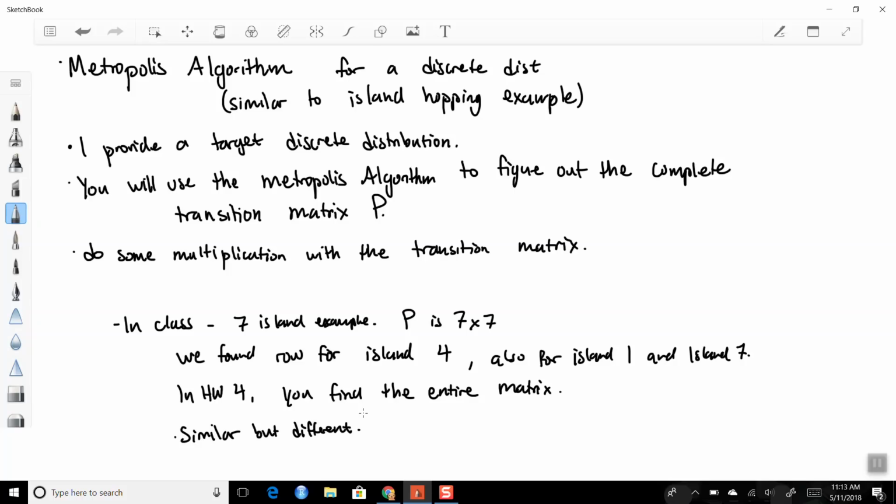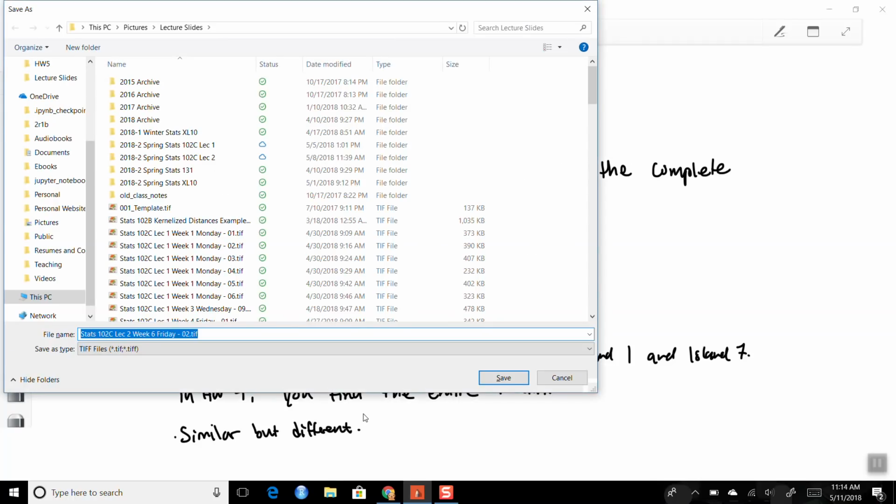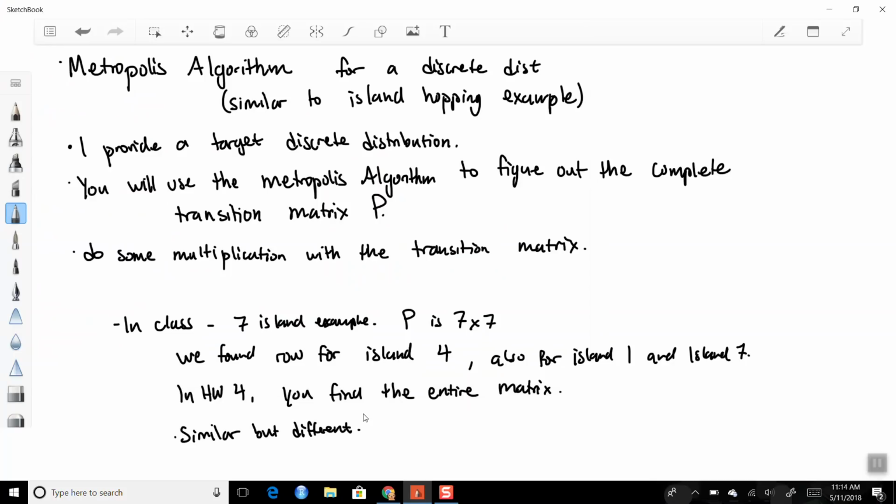You could frame any discrete distribution into an island example, but maybe the configuration of the islands won't necessarily be a line or something like that. All right, is that okay? Any questions here?